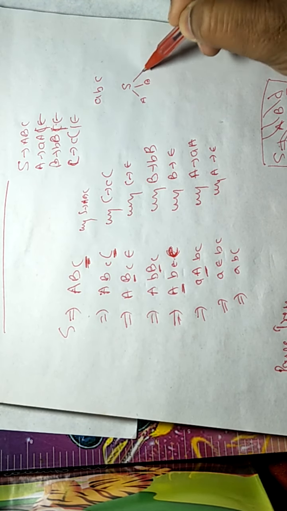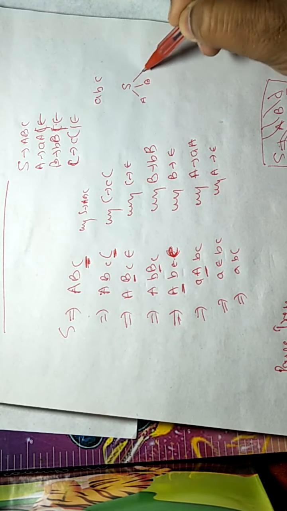So the procedure we use in the derivation, we represent in tree-like structure, where S is the root of the tree. If a production A tends to A1, A2, A3 is used, then it will be represented as A1, A2, A3, where A1, A2, A3 are the children and A is the parent of these.